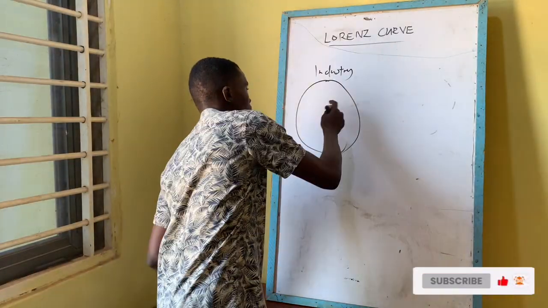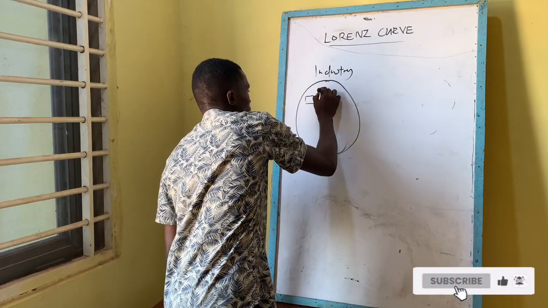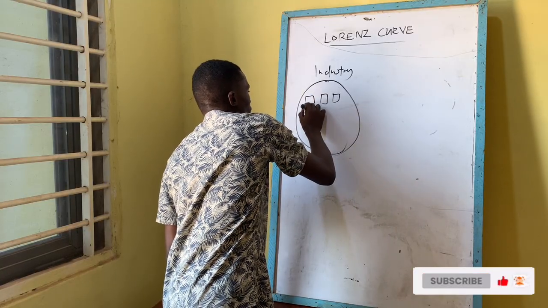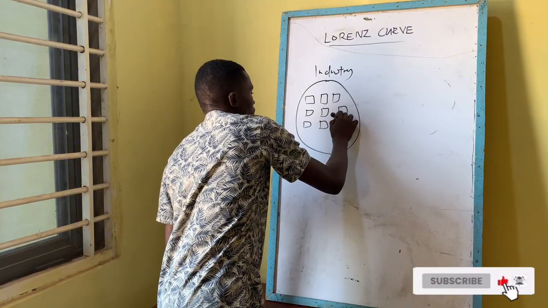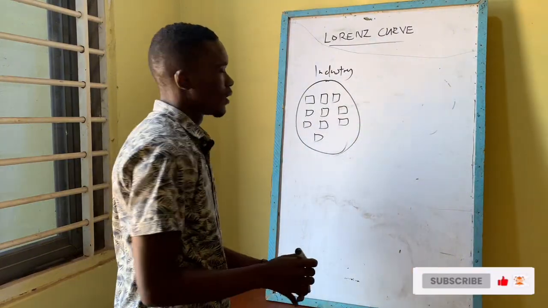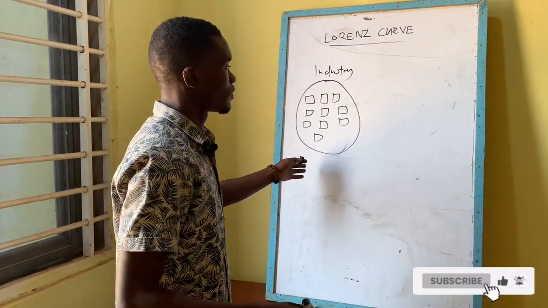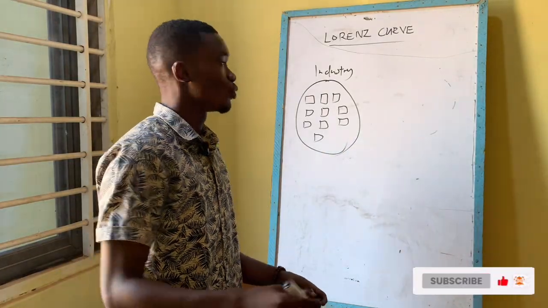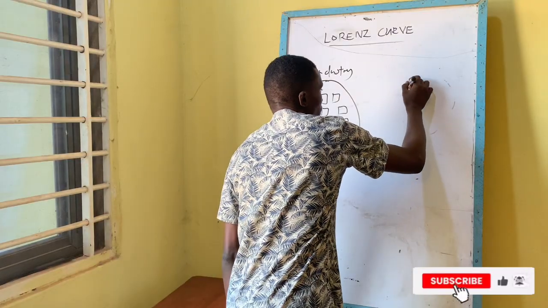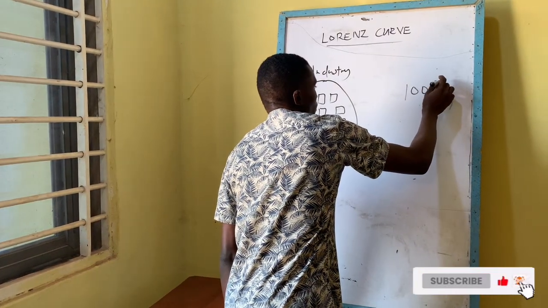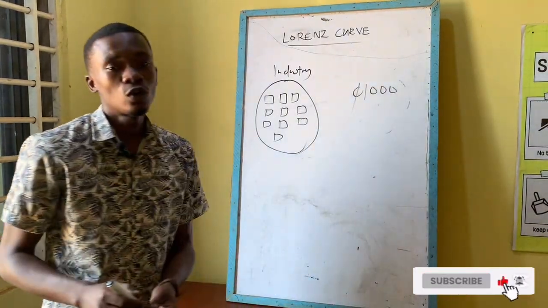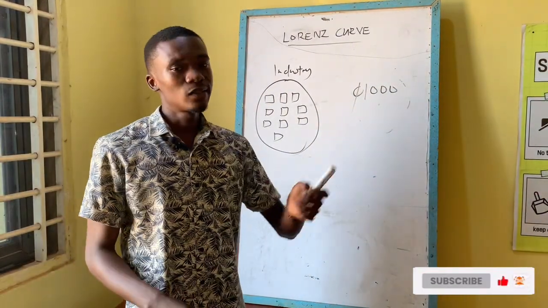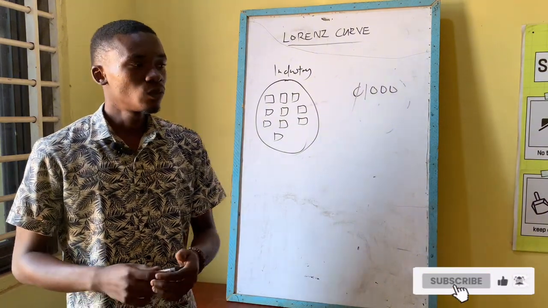Let's say this industry consists of 10 firms: 1, 2, 3, 4, 5, 6, 7, 8, 9, 10. With all these 10 firms, in a year they were able to contribute an annual sales of, let's say, 1,000 Ghana cedis.